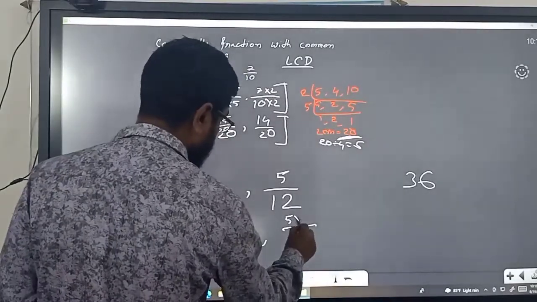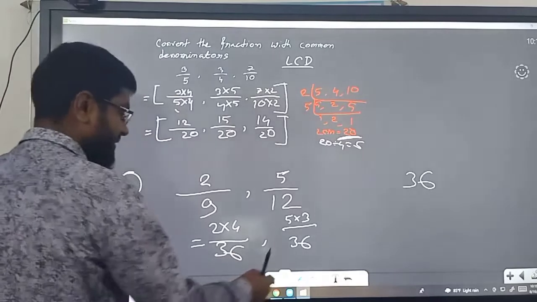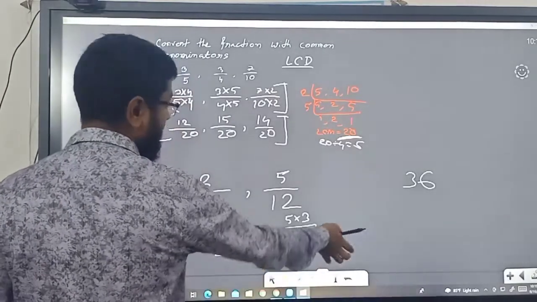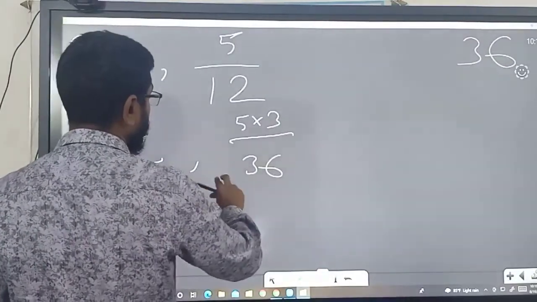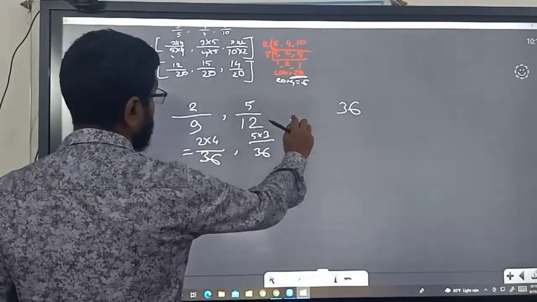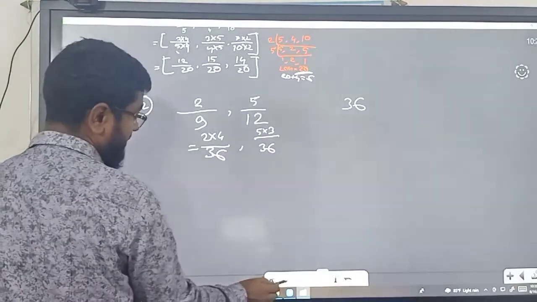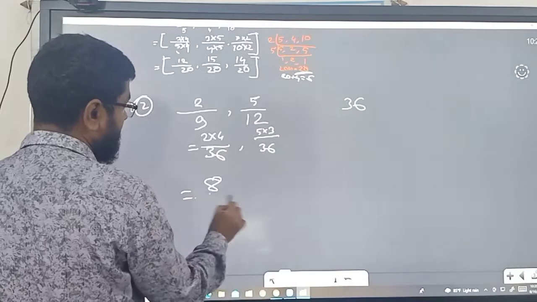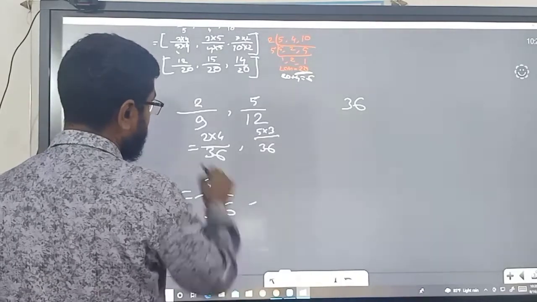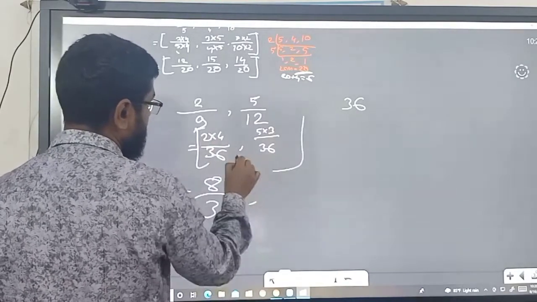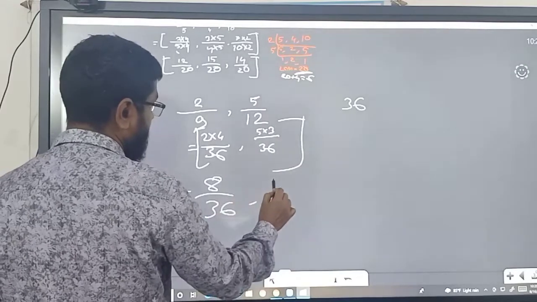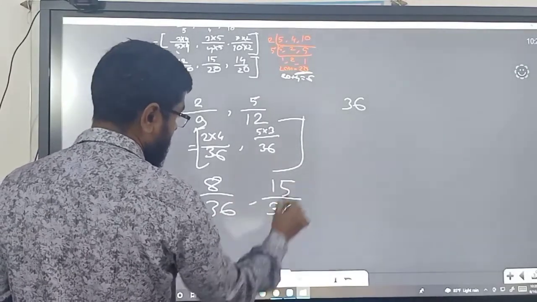So 5 multiply by 3. Am I right? So what will be here? 8 by 36 and 15 by 36. Exactly. Here we will use a bracket because of the 15 by 36.